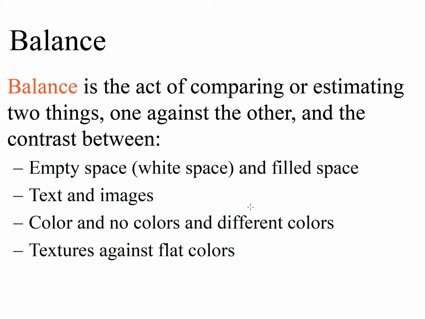Then there's balance. It's the act of basically taking two or more things and using contrast or proximity to achieve balance. You could use white space, you could use filled space, that's contrast. You could use text and images, color, no color.